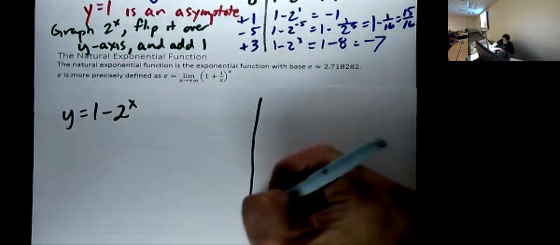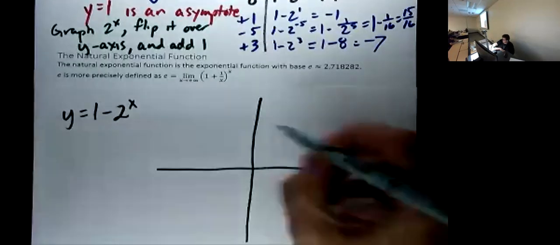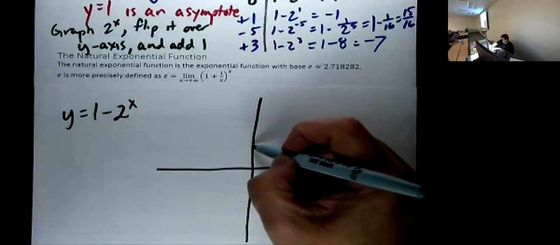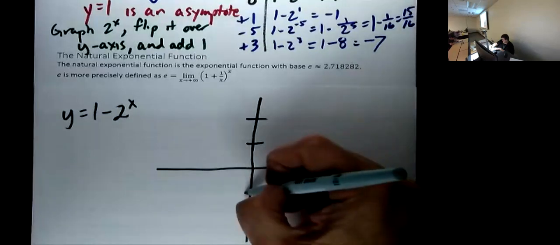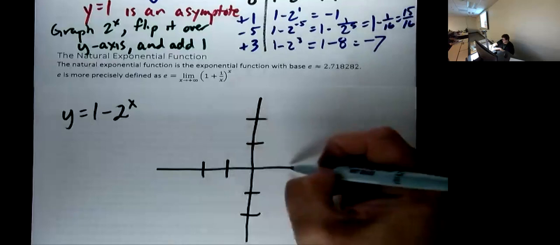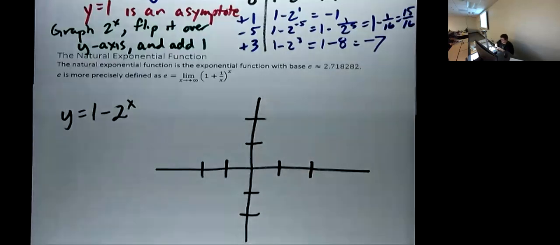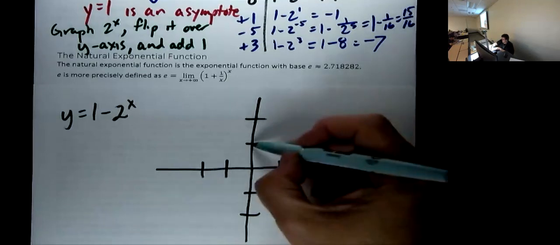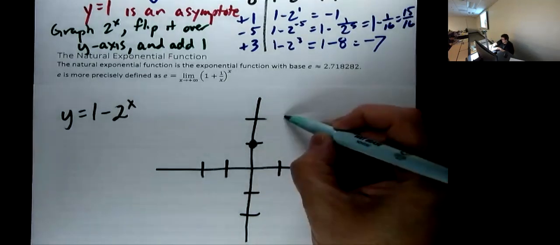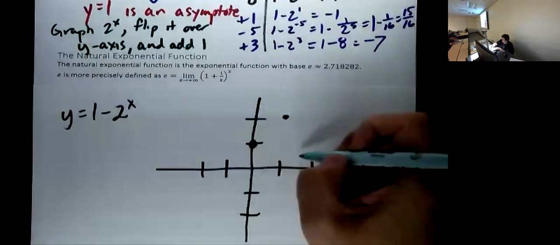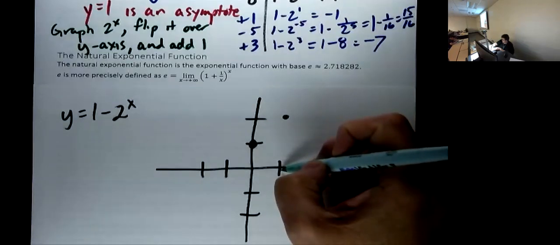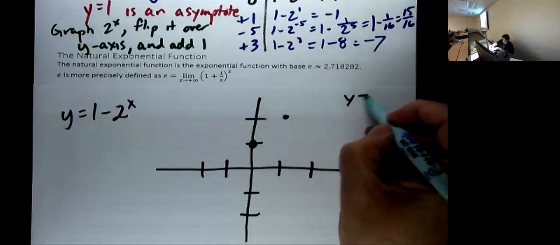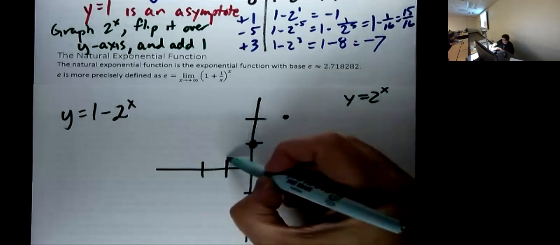So if I graph 2 to the x, I'm going to just do it in dotted lines. 2 to the x has a point here, and a point at... so this is y = 2 to the x real quick, and 1/2.